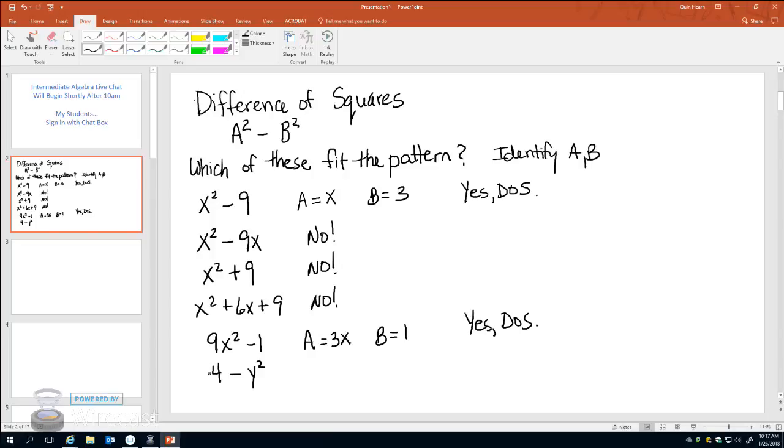And then we want to see, can we think of a number that we can square to get 4? Yes, absolutely. 4 is 2 squared. Y squared is obviously y squared. So each of these is a perfect square, so this is a difference of squares. And in particular, the A in this case is 2, and the B in this case is y. So yes, this is a difference of squares.